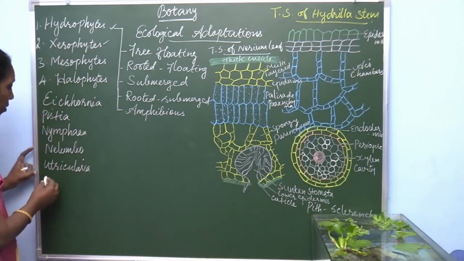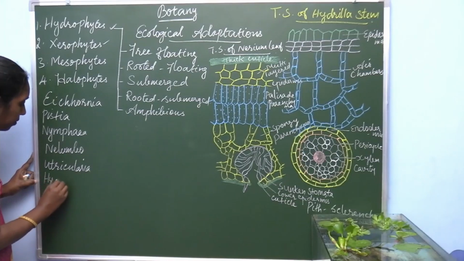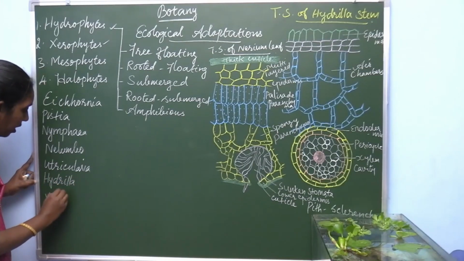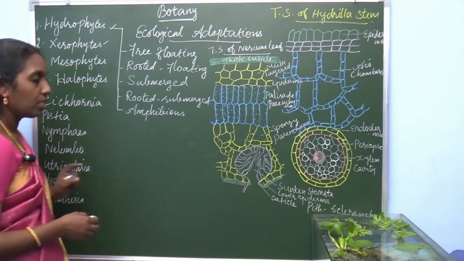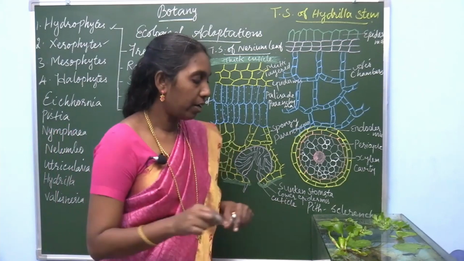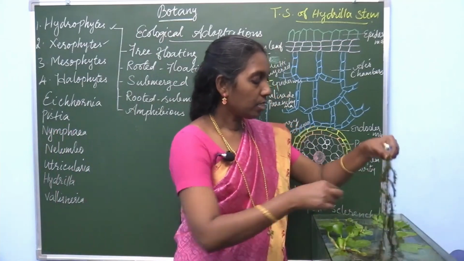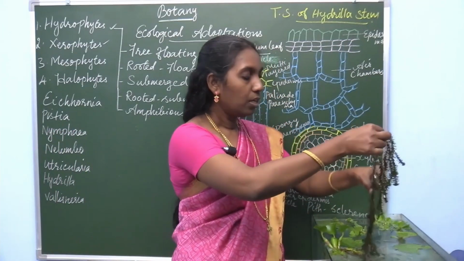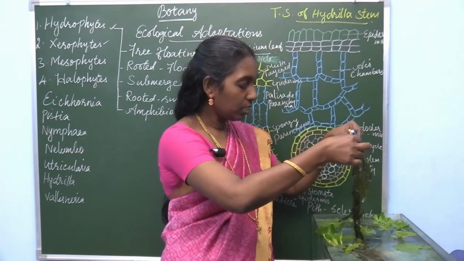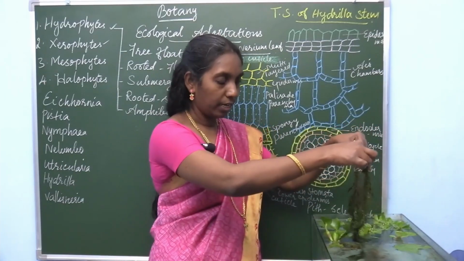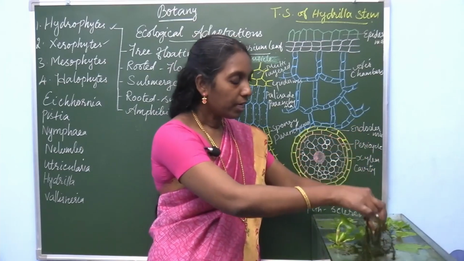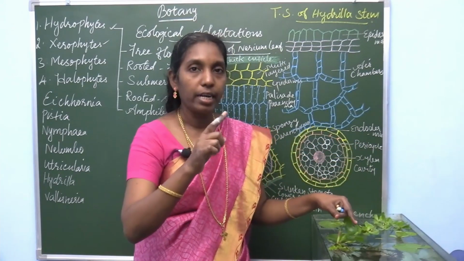Very familiar examples, Hydrilla and Vallisneria. These are submerged hydrophytes. This is Hydrilla. The root is attached in the soil, but there is no contact with the air.